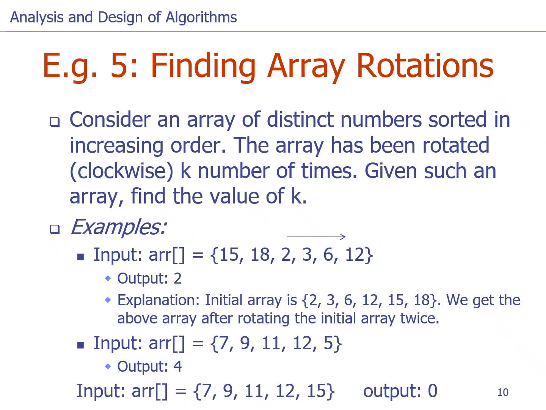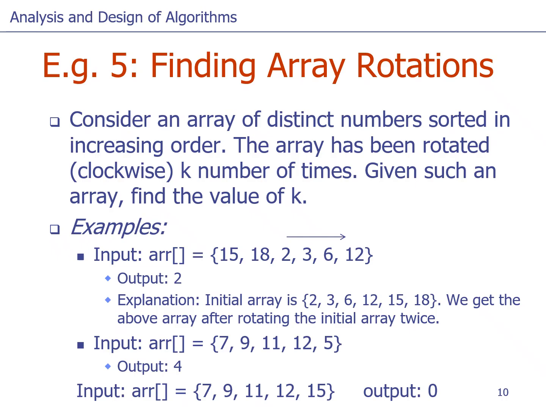We got the 12 first, and then followed by the 11, followed by the 9, followed by the 7. So the answer here, the k, is equal to 4. If you look at the example way at the bottom, 7, 9, 11, 12, 15, the number of rotations obviously is 0 because the values are sorted. So I'm always starting with a sorted array, and the rotations change how the array is organized.